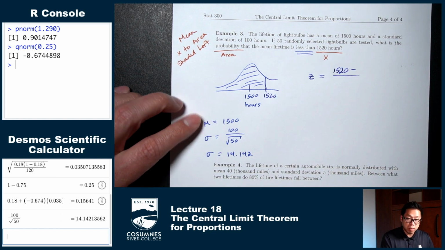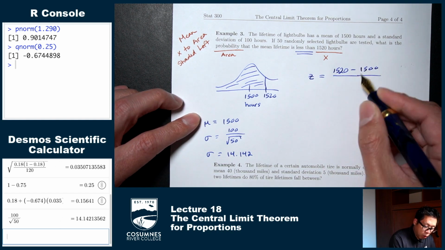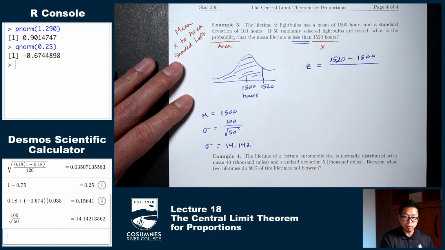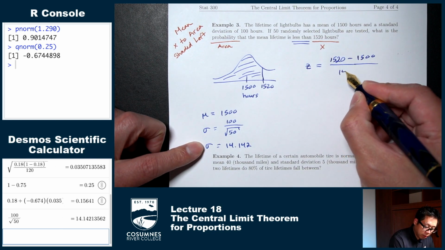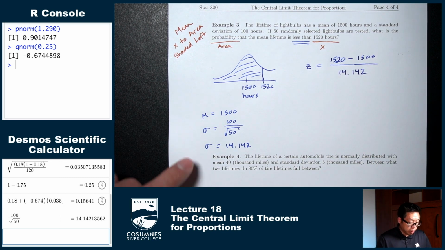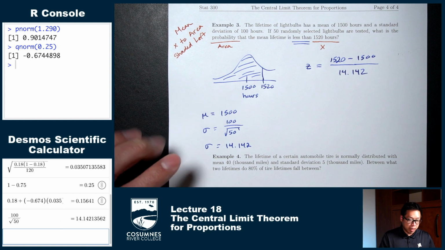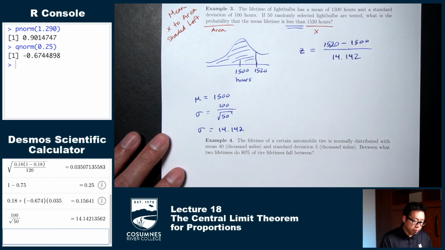Our mean was 1,500 over the standard deviation, which is this 14.142. Okay, make sure you're using the standard deviation that you calculated and not the original standard deviation of the population.